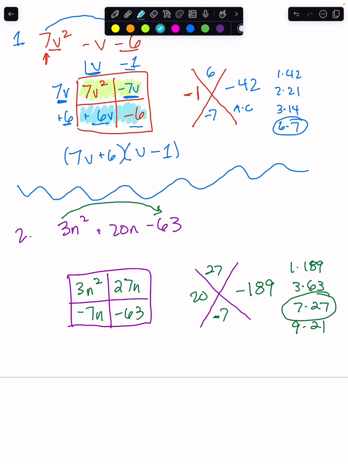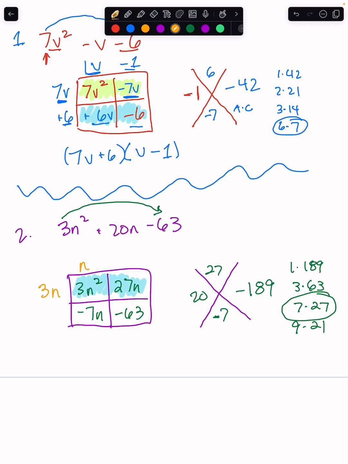Again, we have to factor this top one first. And after we factor that top one, all the other stuff just kind of falls into play. So let's see here. What does the top one have in common? They both have 3n. 3n times what is 3n squared? That's just another n. Okay?